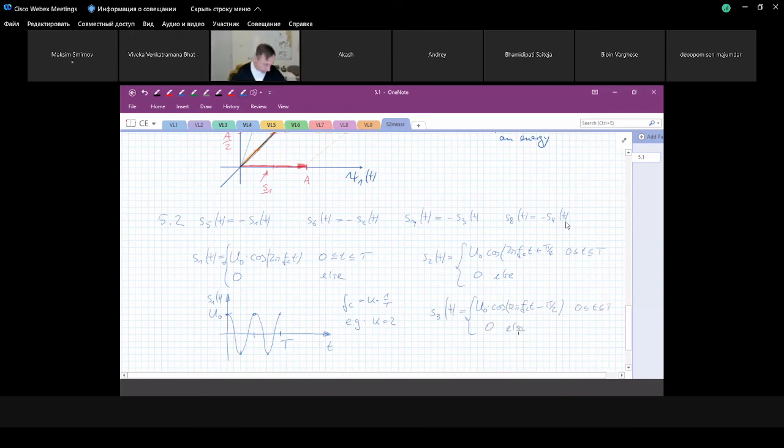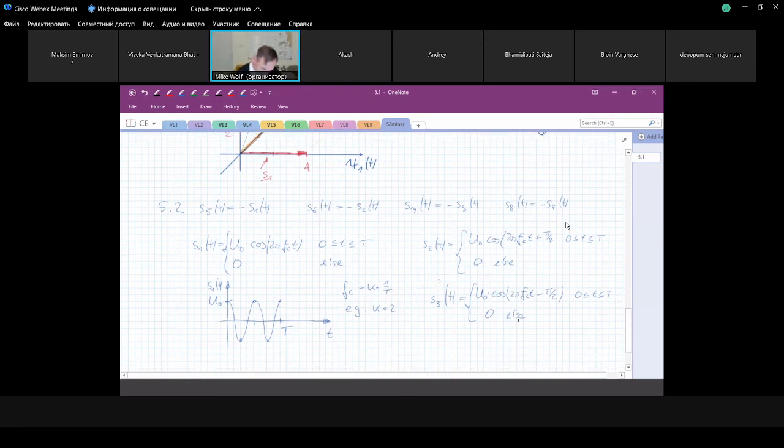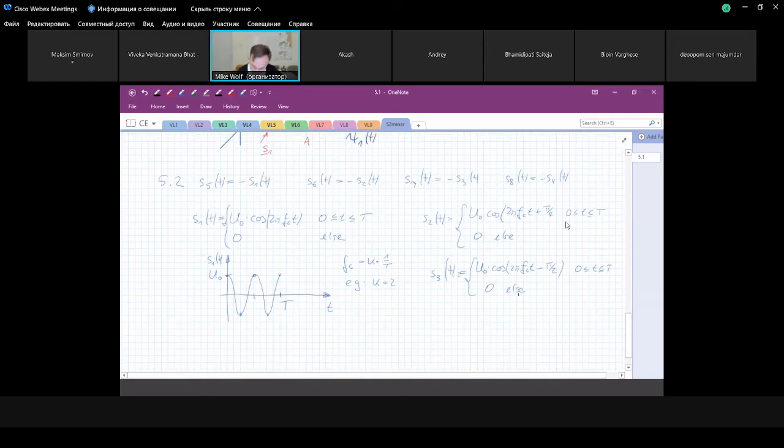And S4 of t is, let's say, equal to U naught cosine of 2 pi fct plus 3 by 4 pi. This is the only difference, okay? I just show there's the phase 3 pi by 4.